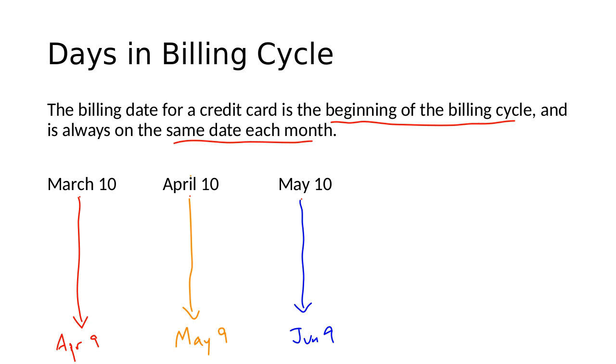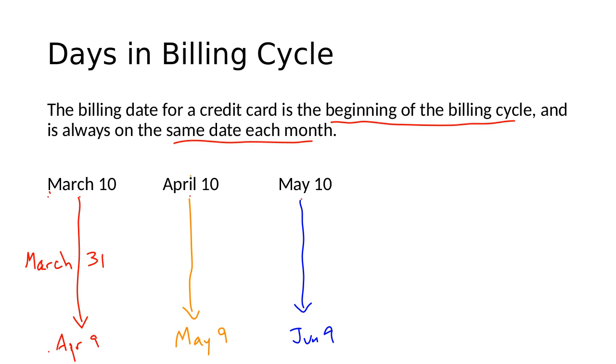When we think about how many days there are in a billing cycle, what we have to look at is when did it start and when did it end? The first billing cycle we have here starts on March 10th and goes until April 10th. So it goes through the end of March. The last day of March is in that billing cycle. And since March has 31 days, that billing cycle has 31 days.